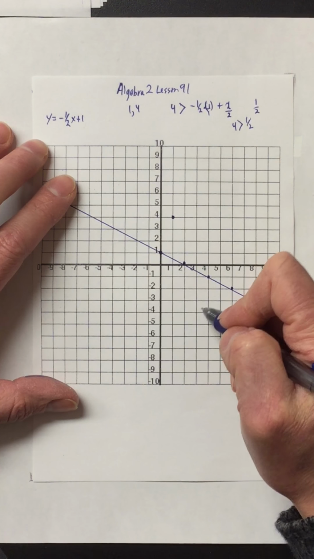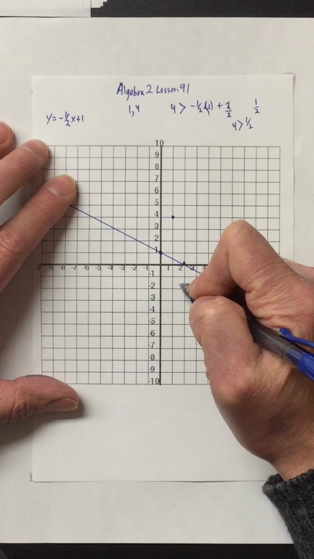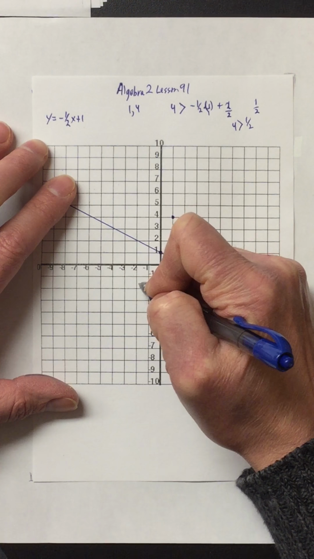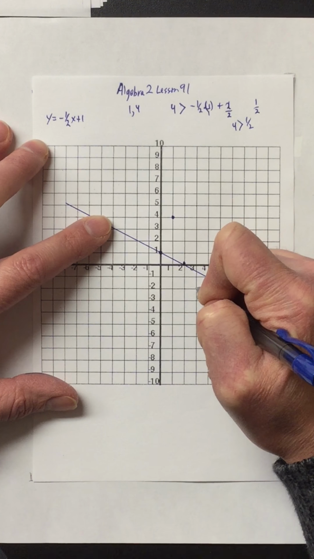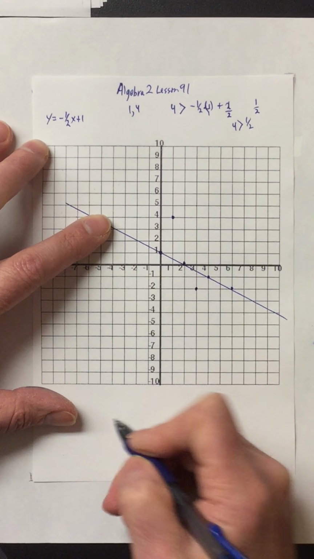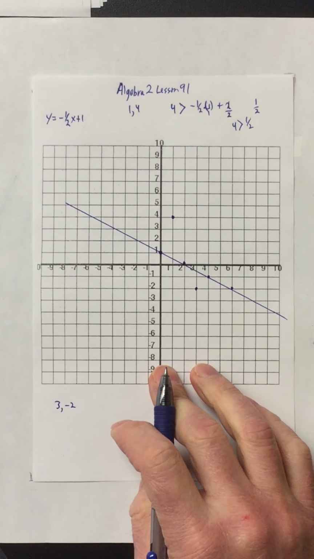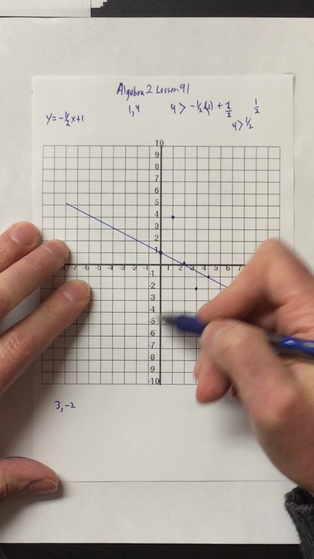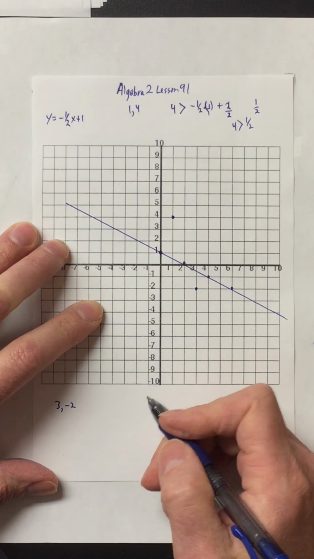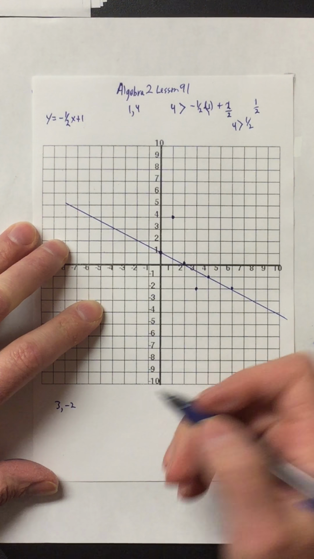Now if I were to pick a point down here, for example, let's go with this point right here. We've got 3 on the x, comma negative 2. Any point down here is the same as if my y value is less than the rest of it.